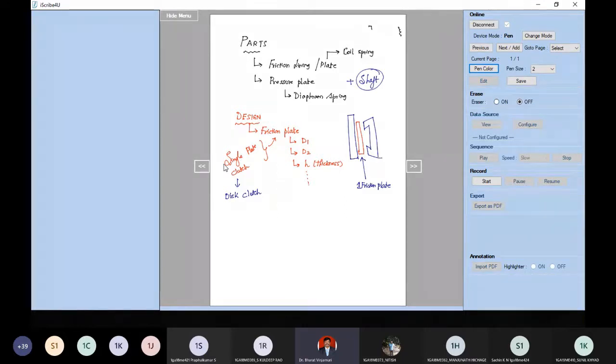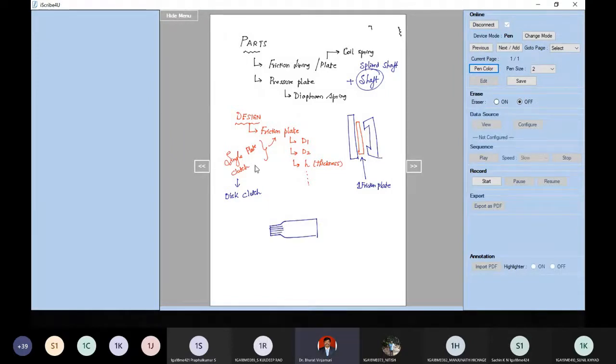When I am talking about the shaft, it is a splined shaft. What do you mean by splined shaft here? Now try to understand, usually the shaft will have a keyway. Here, instead of a keyway, the shaft will have splines. Now if I have a shaft, the shaft will have splines here.